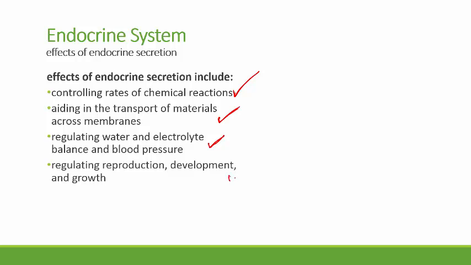And then lots of regulation about reproduction, about the growth and the development of cells. So lots and lots of different kinds of effects based on an endocrine secretion. And I'm going to add one more here, and that is to produce a new material in the cell.